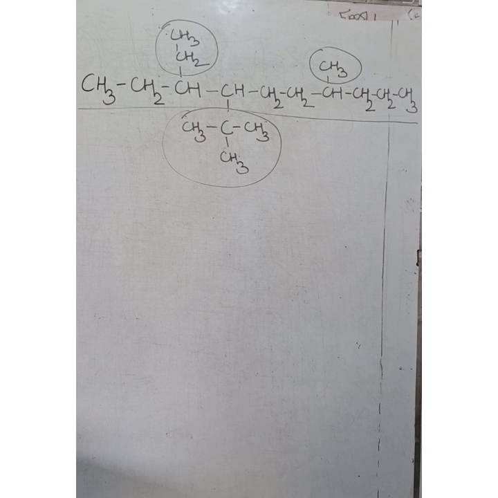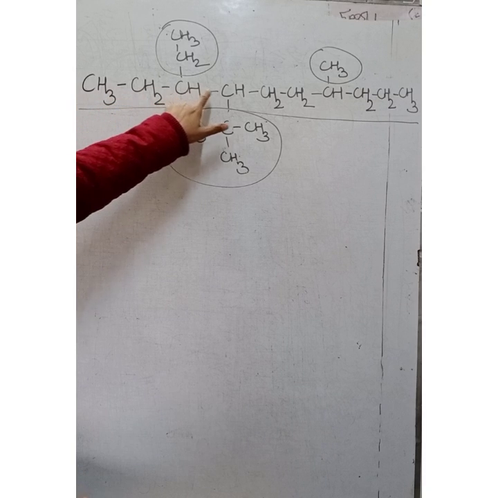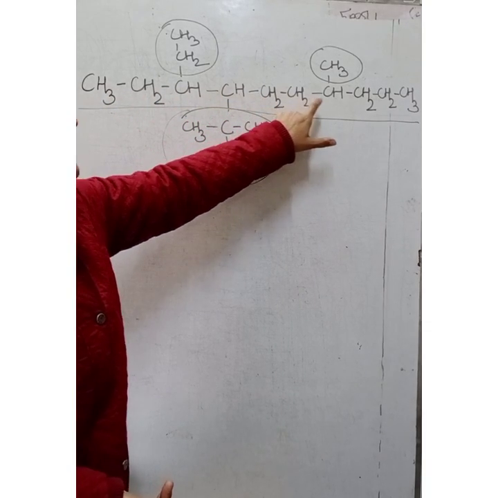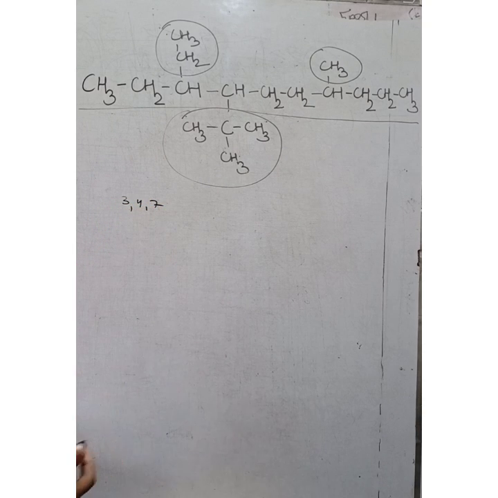So, first of all, you will have to see the alphabetical order, right? Now, before seeing the alphabetical order, we are going to number the carbon chain in such a way that the lowest set of locants rule is followed. If I number from this side, 1, 2, 3, 4, 5, 6, 7, that means the substituents are present at the 3rd, 4th and 7th positions.